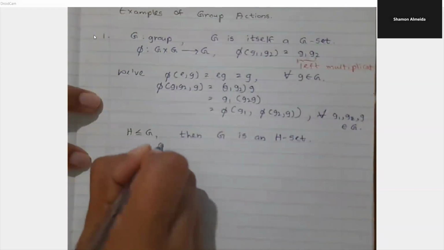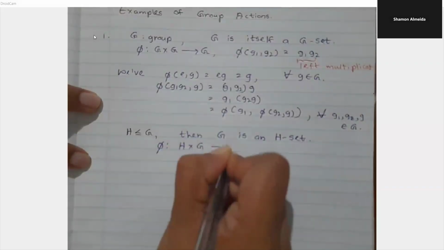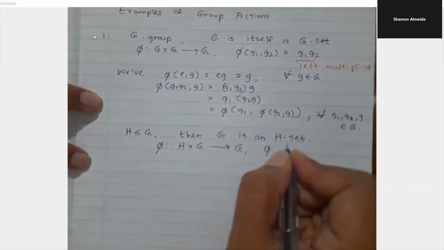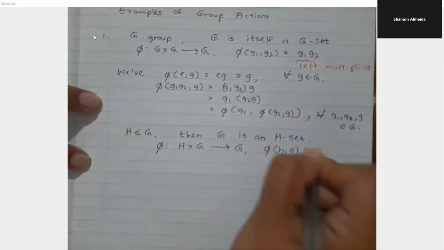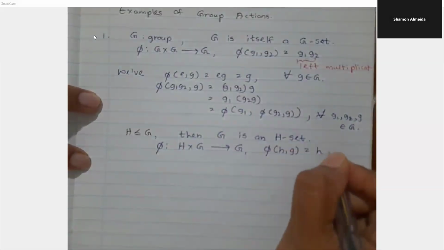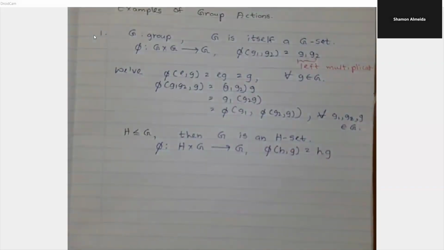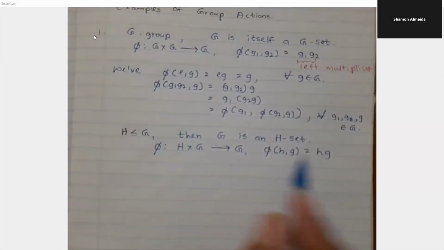So now we define the group action from H cross G to G by once again taking an element from H and an element from G, and considering simply the left multiplication hg, where between these two we have the binary operation of the group G. Observe H is a subgroup of G, right? What you have over here is an element in G.